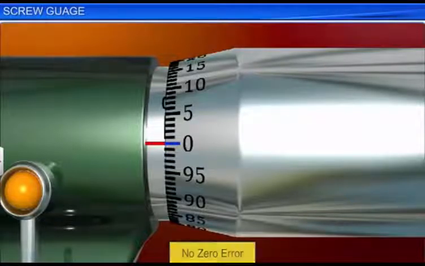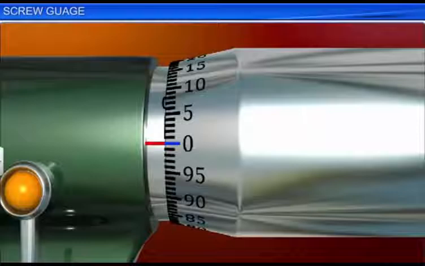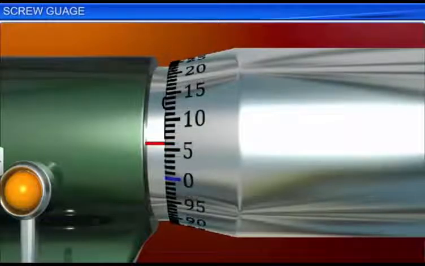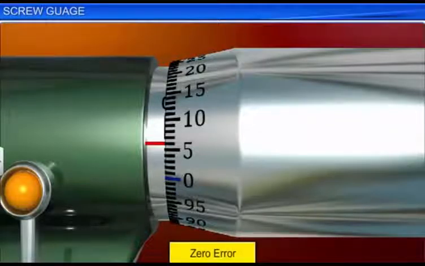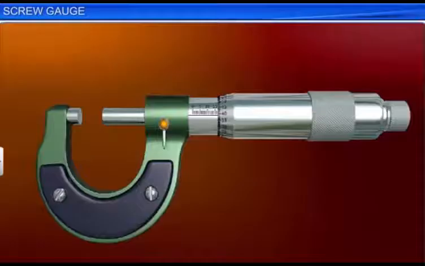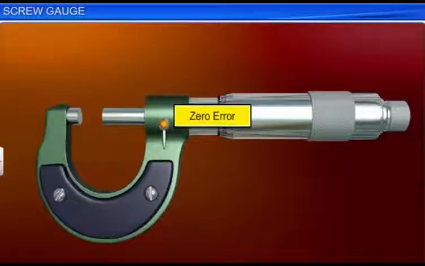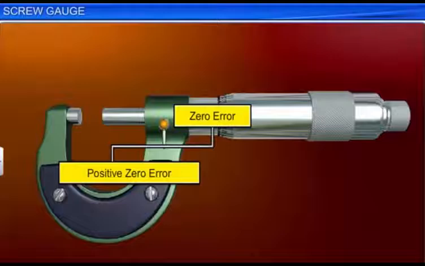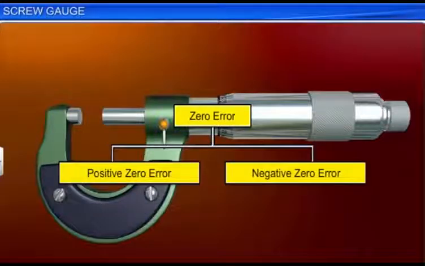However, if the zero of the head scale does not coincide with the index line, then the screw gauge is said to have zero error. There are two types of zero errors. They are positive zero error and negative zero error.